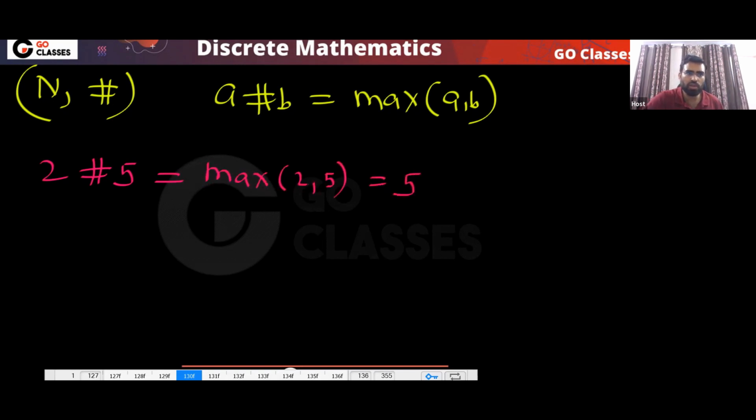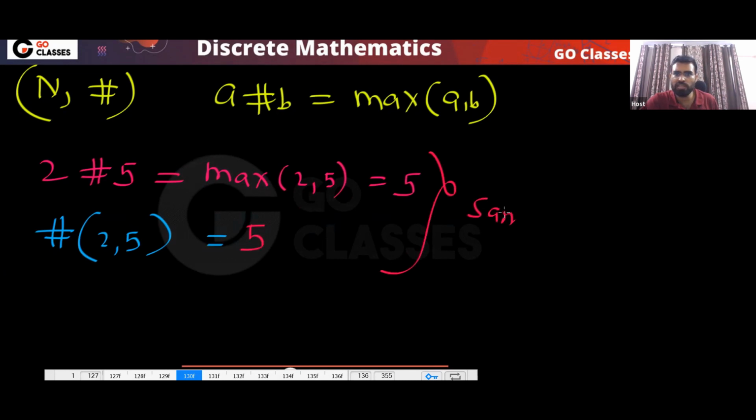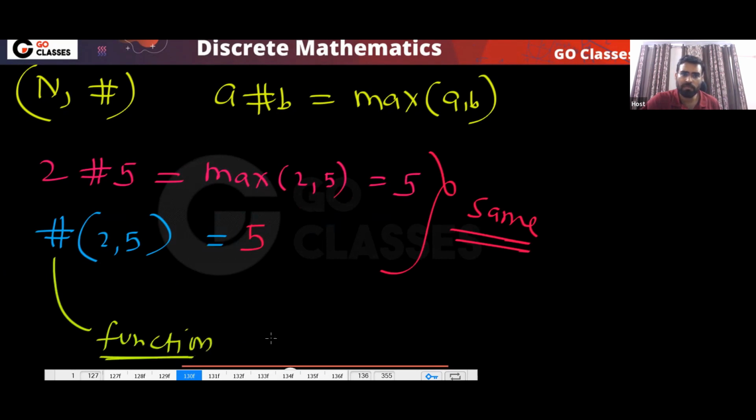You can also write like this: what is the hash of 2 comma 5? Both things are the same because this hash is a function from n cross n to n.